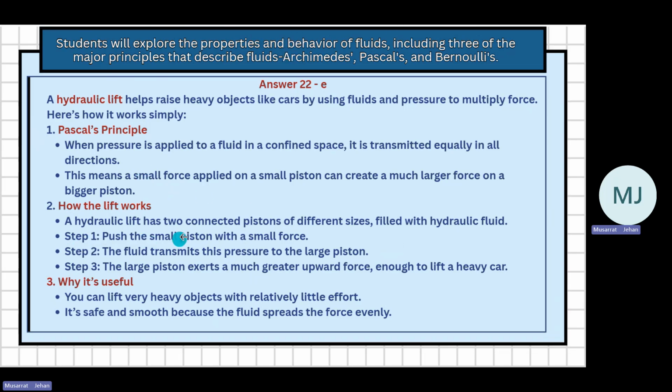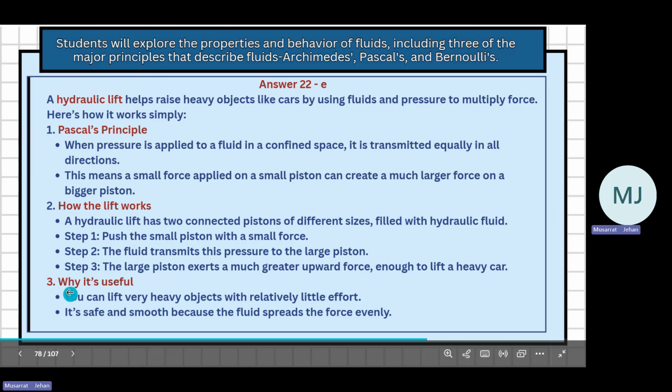A hydraulic lift has two connected pistons of different sizes. One is small and the other is big, and they are filled with a hydraulic fluid. So when we push the small piston with small force, the fluid transmits the pressure to the large piston. And the large piston exerts a greater upward force, and that lifts a heavy car.